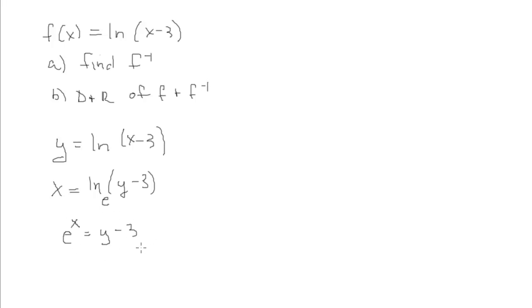Remember, the object here is to get y by itself because that will then denote my inverse function. So I'm going to add 3 to both sides. So y is equal to e to the x plus 3. So that is f inverse.